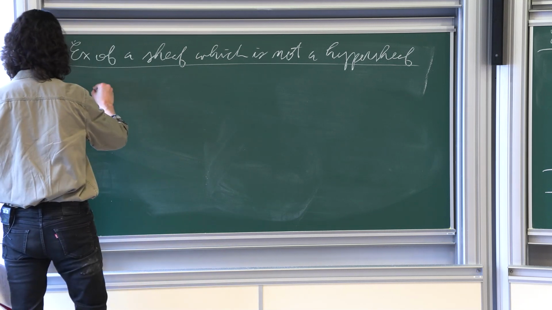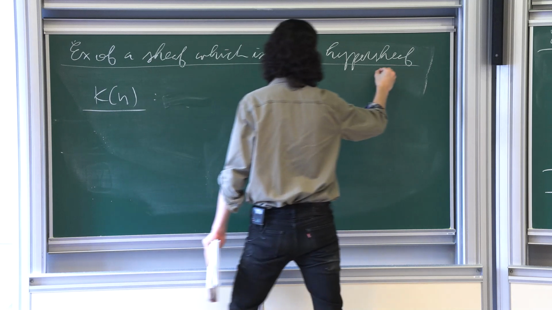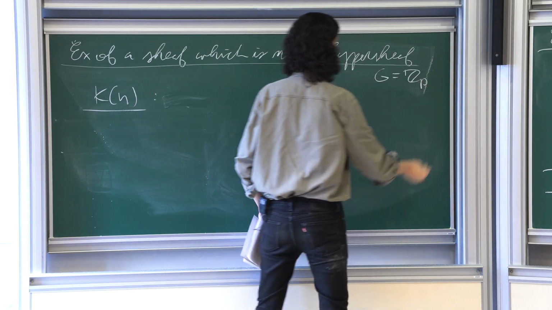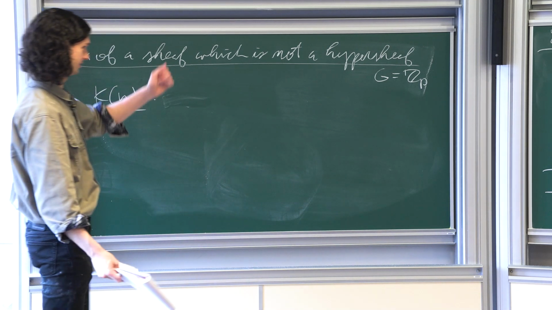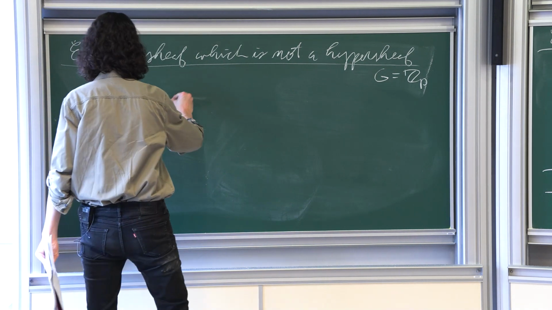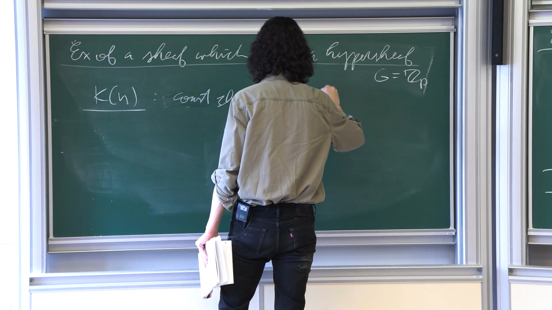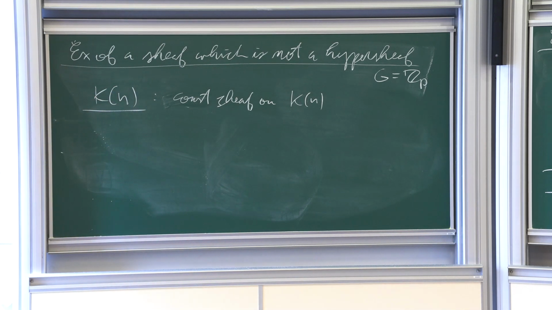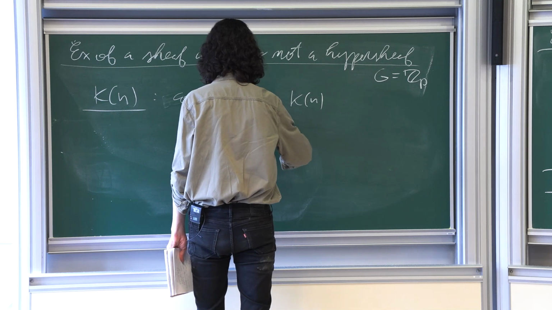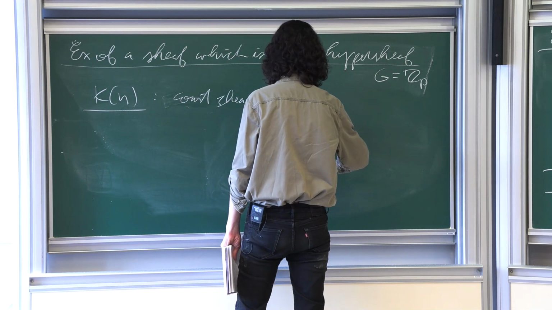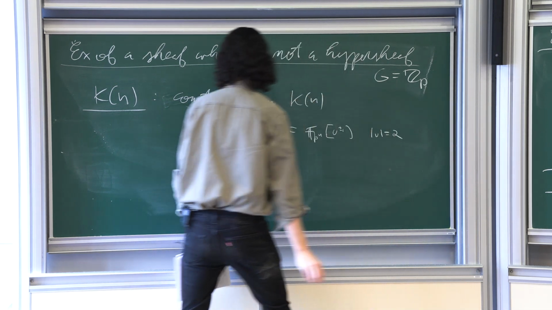So let's take the constant sheaf on K_n, Morava K-theory, even for the simplest group you can imagine, Z_p, cohomological dimension 1, extremely simple. Recall that pi_star K_n is F_p to the n, and then maybe even degree 2, depending on your conventions.